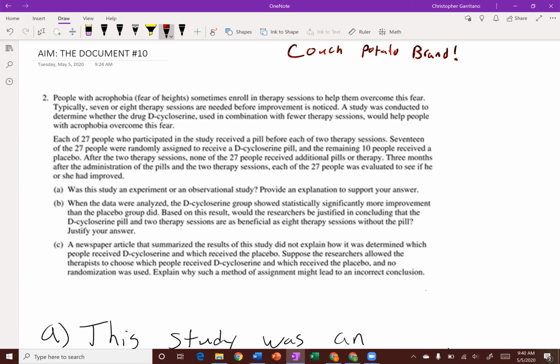All right. So going into the document problem number 10, we have one of these sort of experimental design type problems, which in my opinion are sometimes more difficult than the data analysis, quantitative type problems where we calculate probabilities or we run a hypothesis test or something like that.